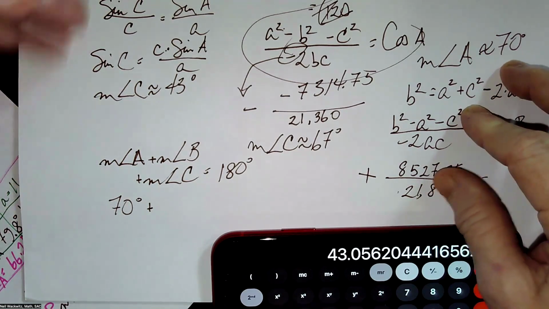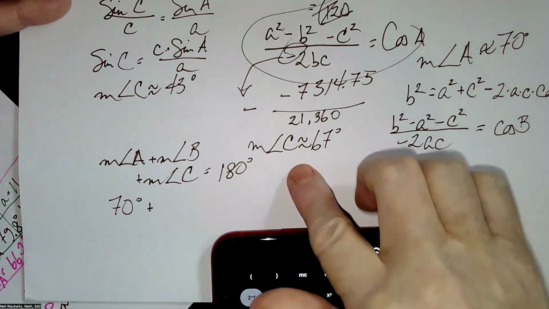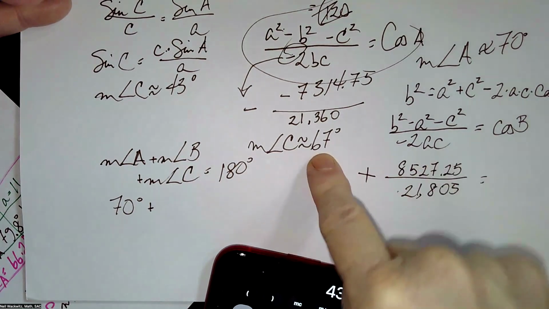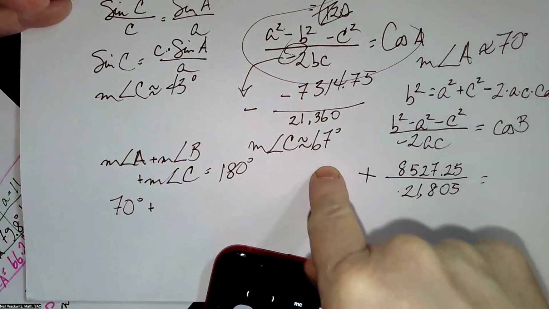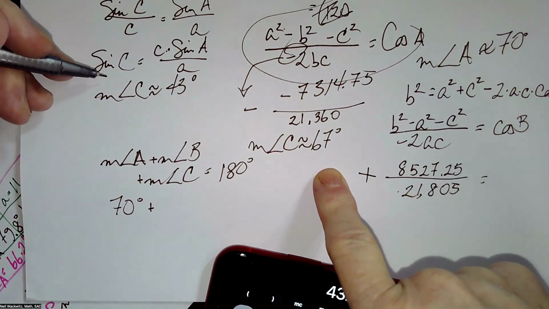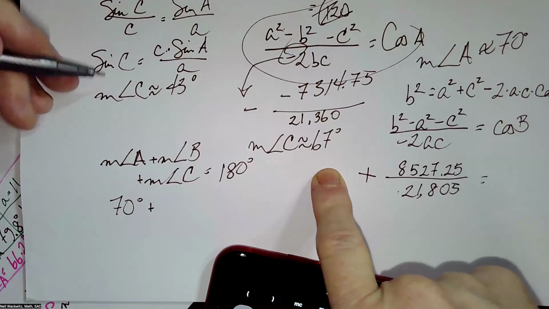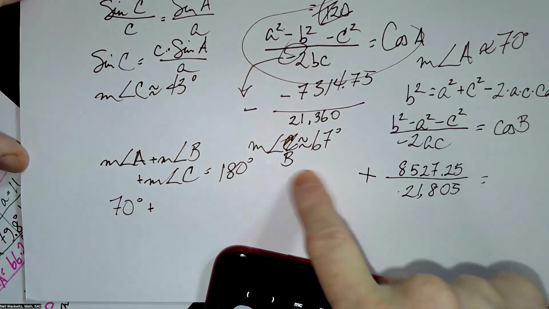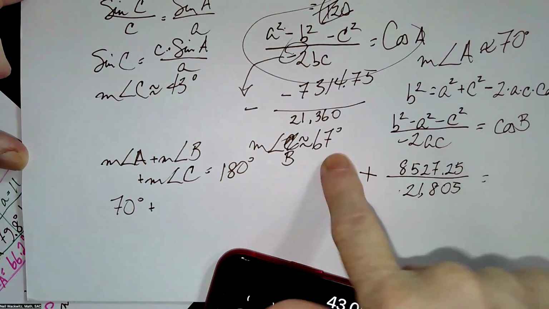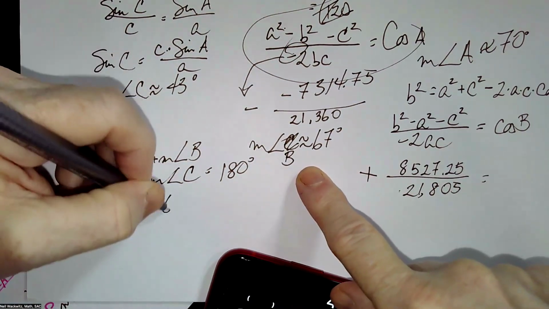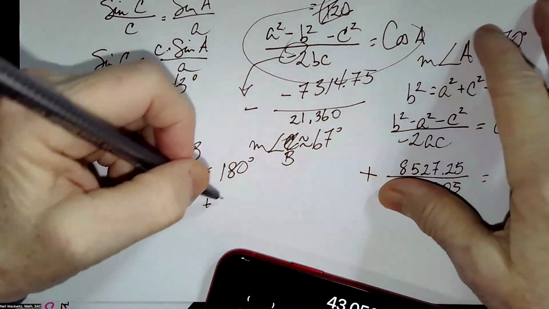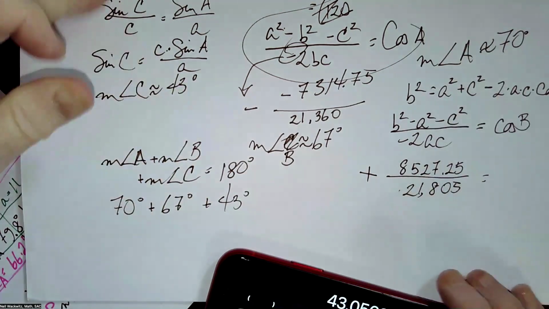The measure of angle B should be degrees, and the measure of angle C is 43 degrees.